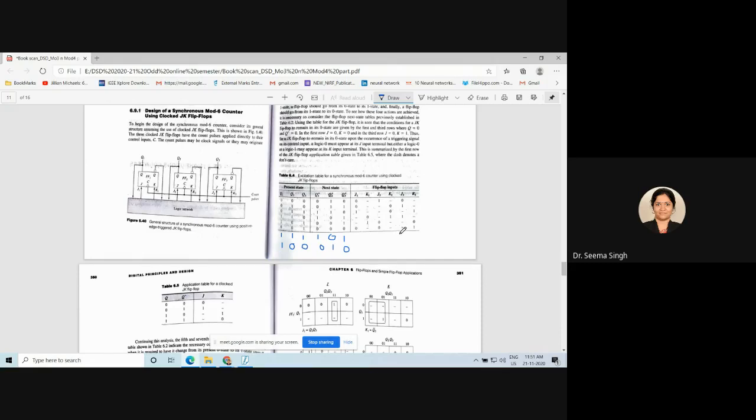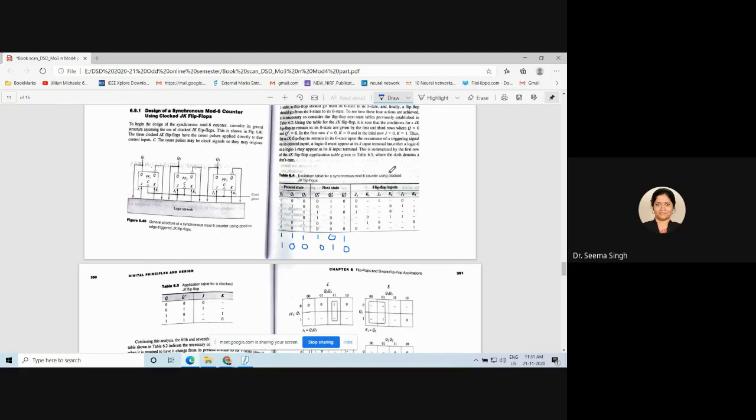If the examiner says that you need to design a counter which takes care of unlisted states also, a foolproof counter, then you can't leave any state out of the truth table. You will have to make this 7 and 4 also. If the examiner says to design a counter and analyze whether it is self-correcting or not, in that case you will not have to add these things.